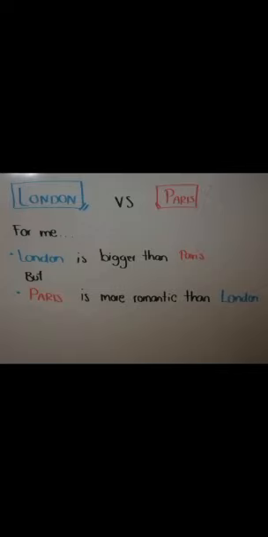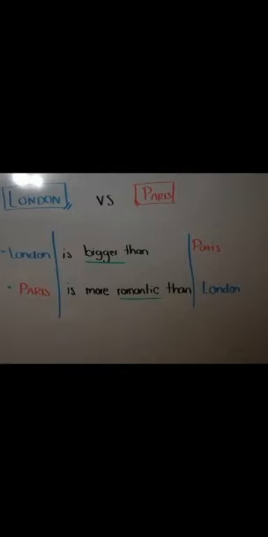But how do I form this comparison? Here in this one, you can check it. You have London and Paris at the beginning and London and Paris at the end, because in a comparison you have two different objects to compare. But in the middle, you have the comparison idea.